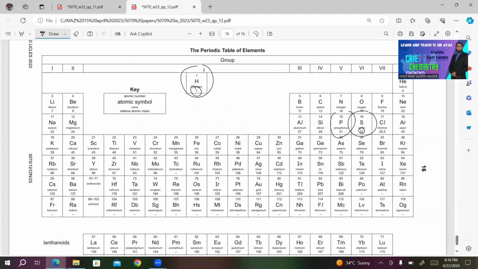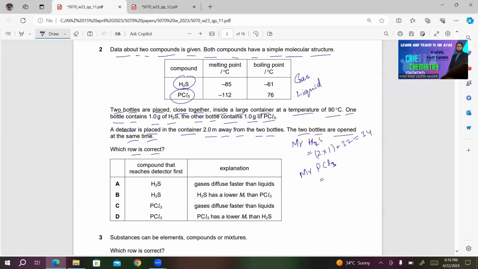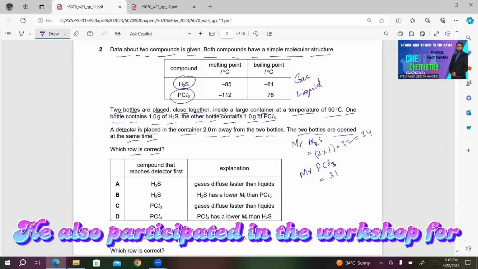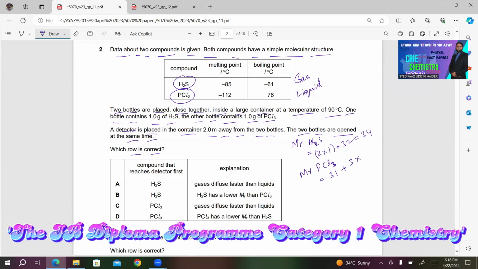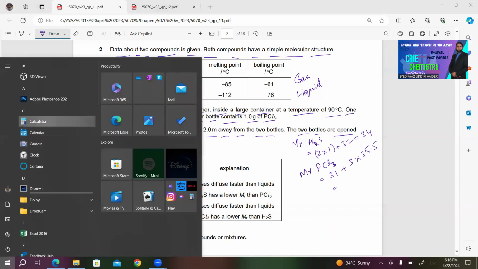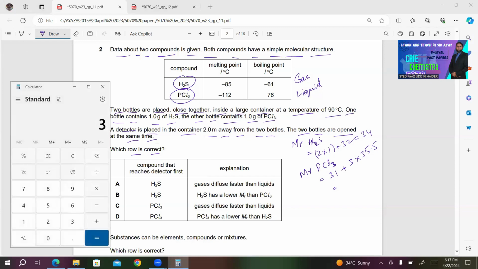Here is P. AR is 31. What about Cl? It's 35.5. We have 1 atom of P, so we have 31, and we have 3 atoms of Cl, so 3 will be multiplied by 35.5, plus 31, 137.5.